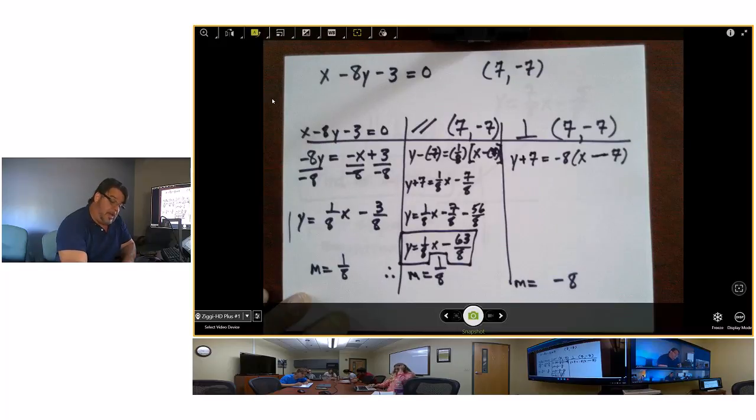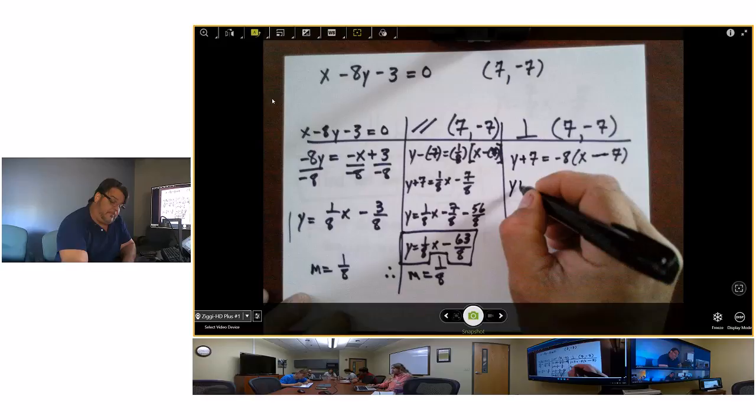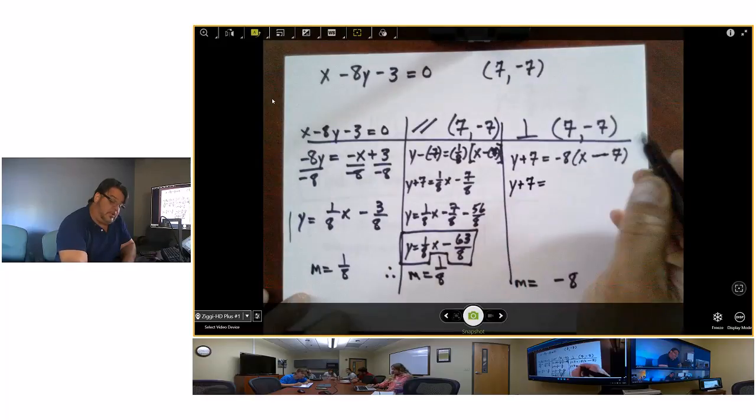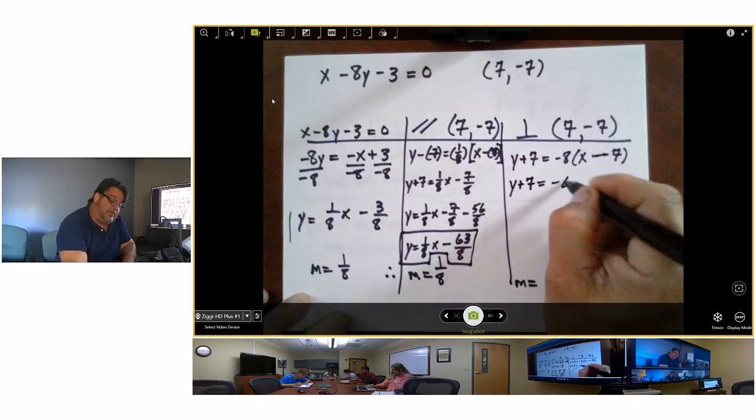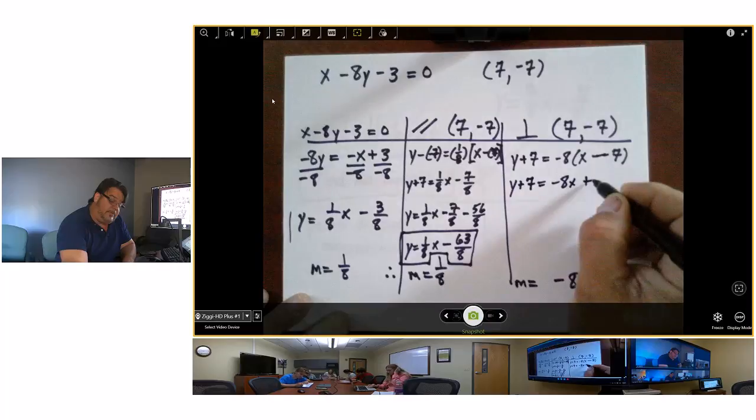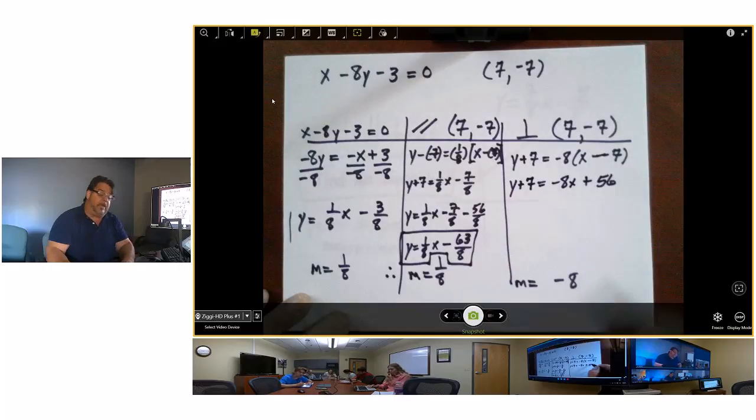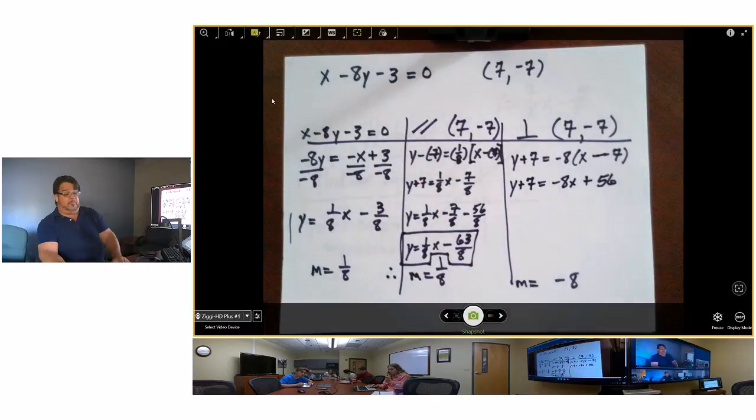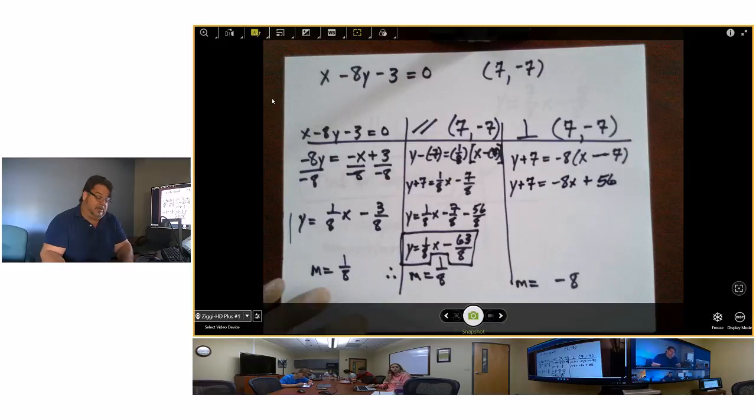So, y plus 7 is equal to negative 8x plus what? 56? Y'all have to help me because with 8s, I have a problem with multiplying, dividing, and subtracting and adding.